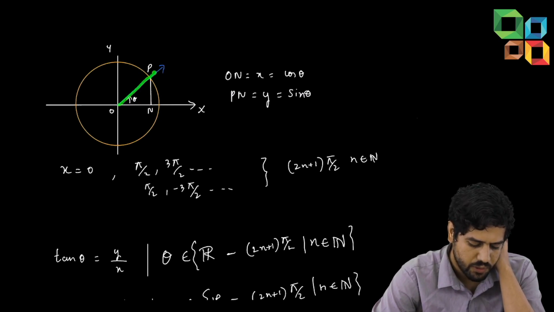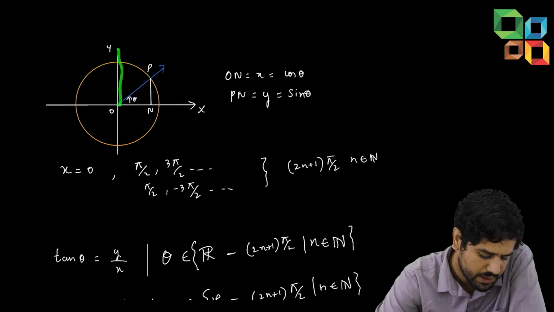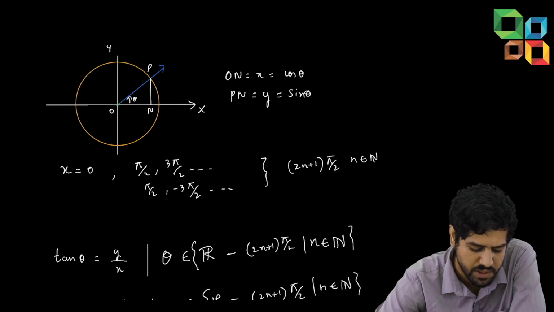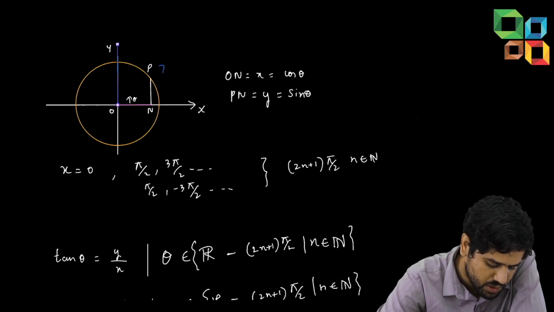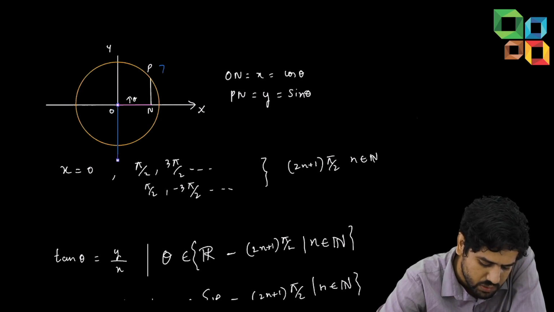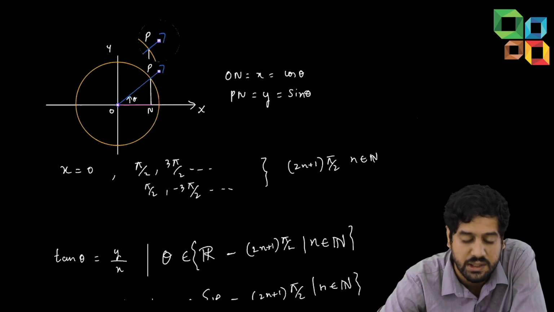If you look at this ray, this coordinate is the y coordinate, this coordinate is the x coordinate. And we saw that when this ray comes here, the x coordinate will be 0. Similarly, when it goes down, also the x coordinate will be 0. Then where is the y coordinate 0?